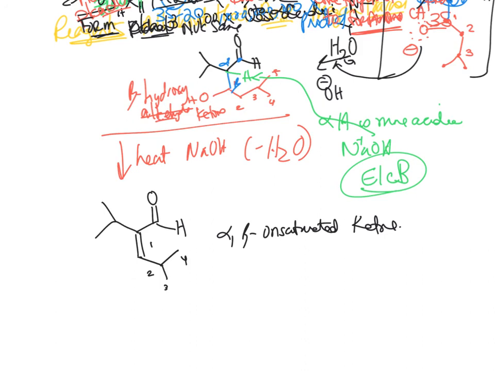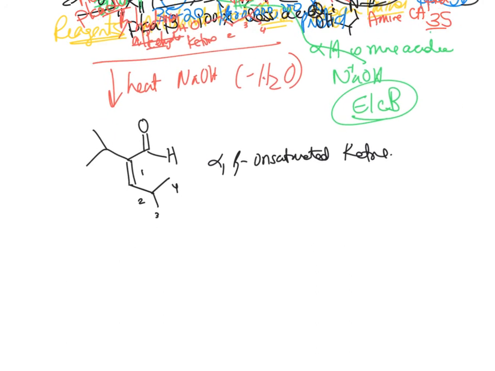In the meantime, see if you can do a crossed aldol. I'm going to give you one problem that I want you to try. You can add this to your Pogel points. This is called a crossed aldol condensation, and I want to see if you can do it.